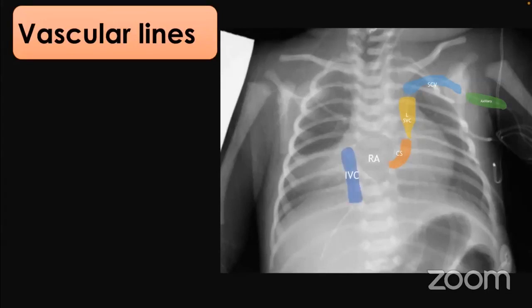Here is the right atrium to the IVC and to the hepatic vein here. So it's malpositioned. And we have a variant in this case, left superior vena cava, because the superior vena cava should be on the right aspect of the vertebral column.